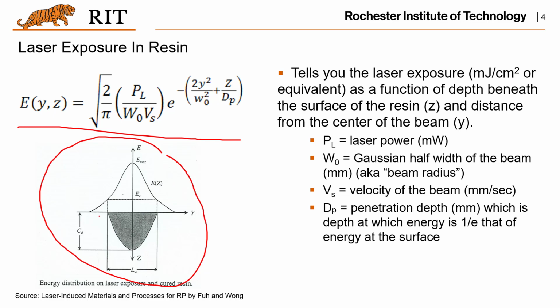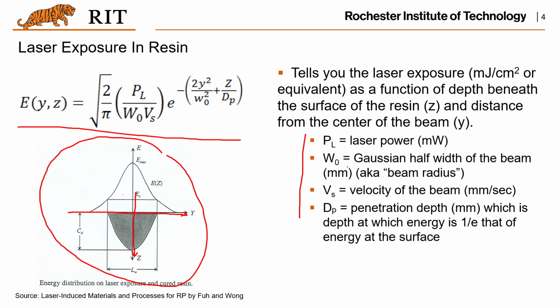As you can see here, the horizontal axis is the y-axis, and the vertical one is the z-axis. This equation gives you, for any location at a specific y and z, what the laser exposure is. And as I mentioned, it's a function of all these parameters.